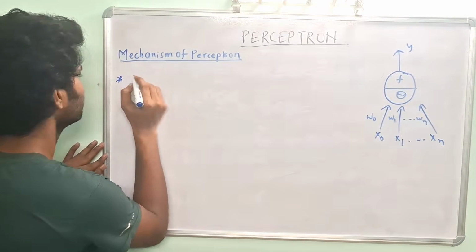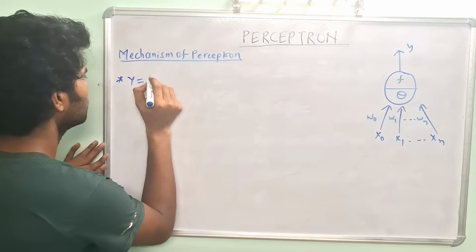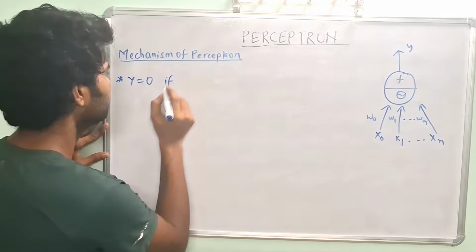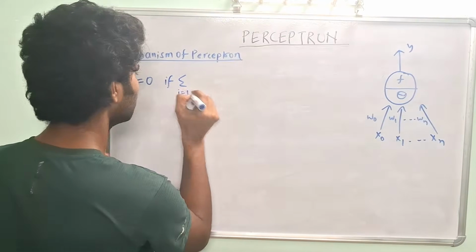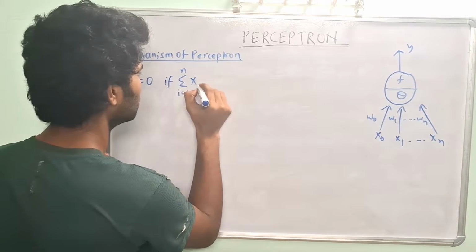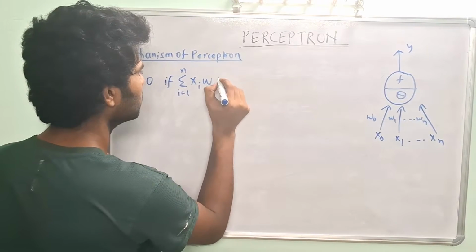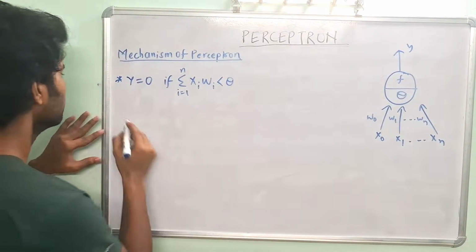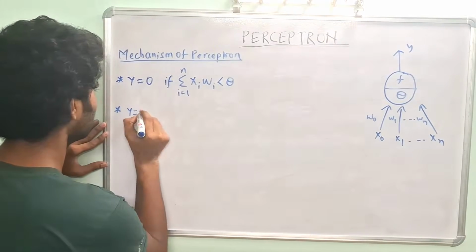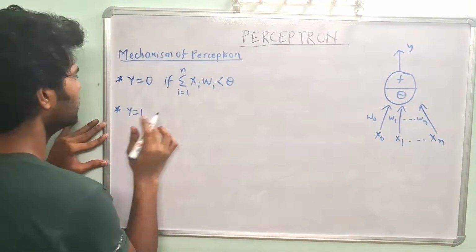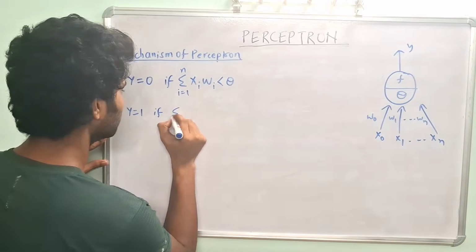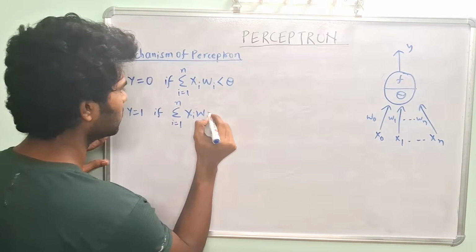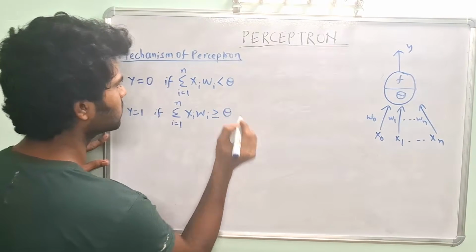So now first see, output becomes 0 if the summation of i equals 1 to n of xi wi is less than the threshold value, and the output becomes 1 if the summation of xi wi is greater than or equal to the threshold value.